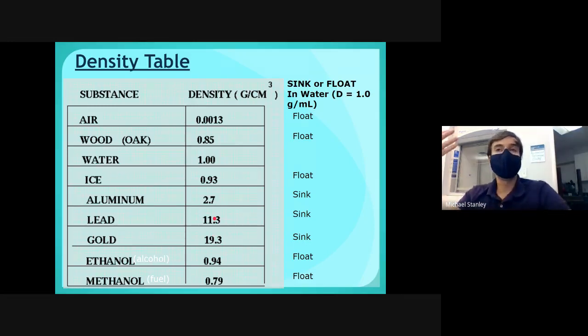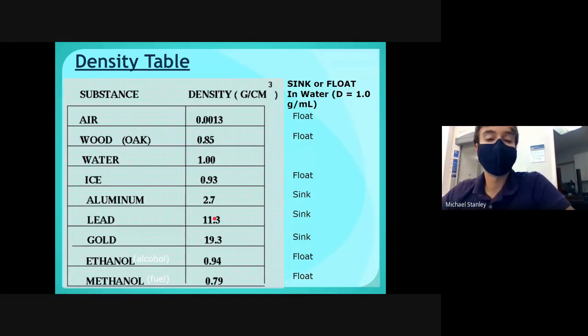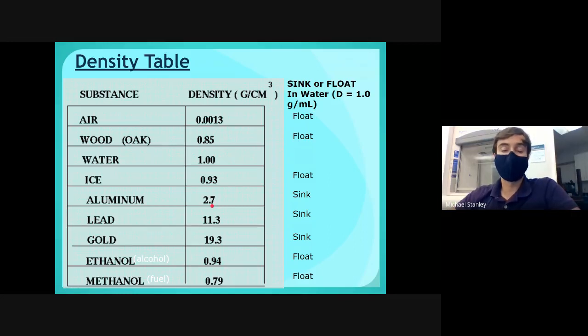So in order to know exactly whether or not lead or aluminum would sink or float, you'd have to know what the density of the soda is or what the density of the milk is. So whether or not aluminum or lead sinks or floats does depend on the liquid you put it in.